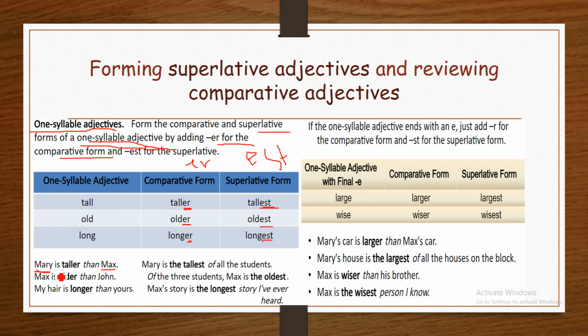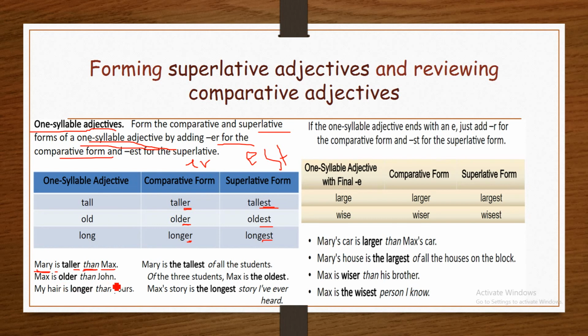Mary is the subject. Is is the verb to be. Taller has er. Therefore, it is a comparative adjective. We said we always use than in comparative adjectives for comparing two objects.